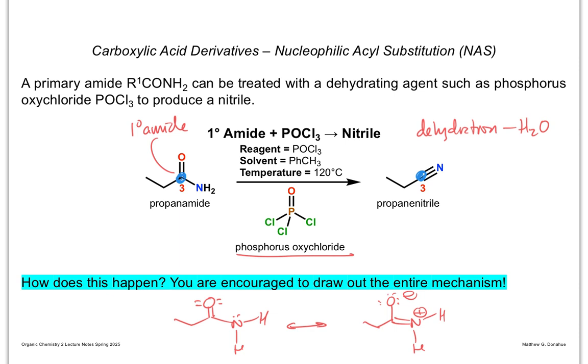So again, you're encouraged to be creative and think about and draw a mechanism. You can think about different mechanistic pathways. That's always helpful in your understanding of how the arrows move.